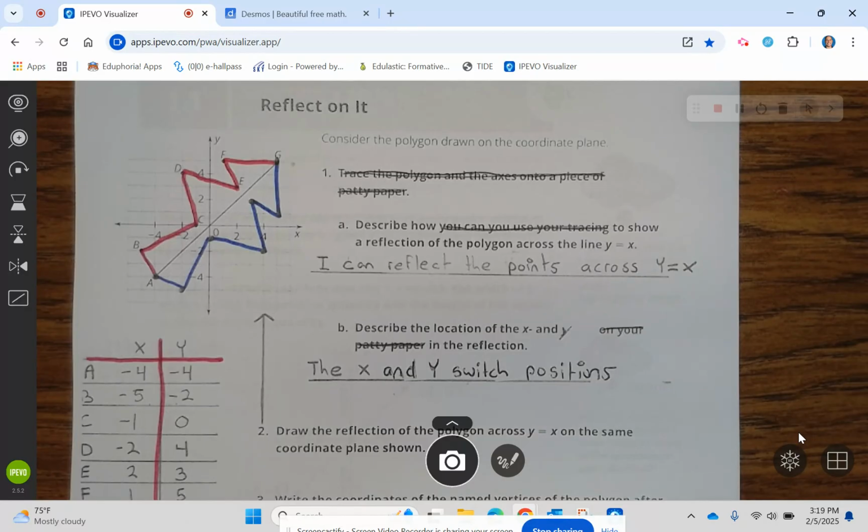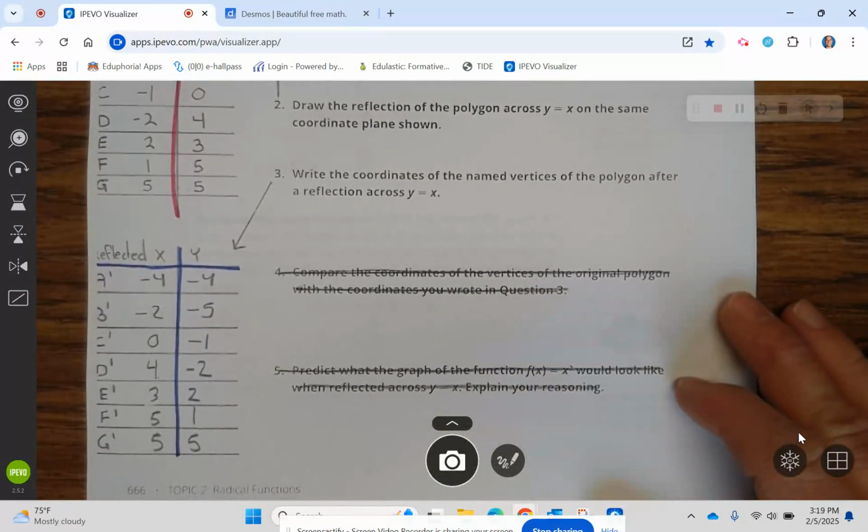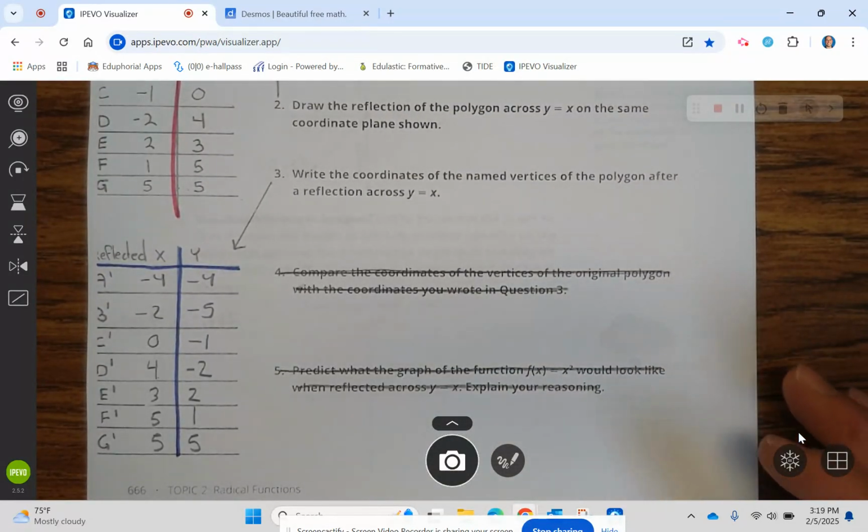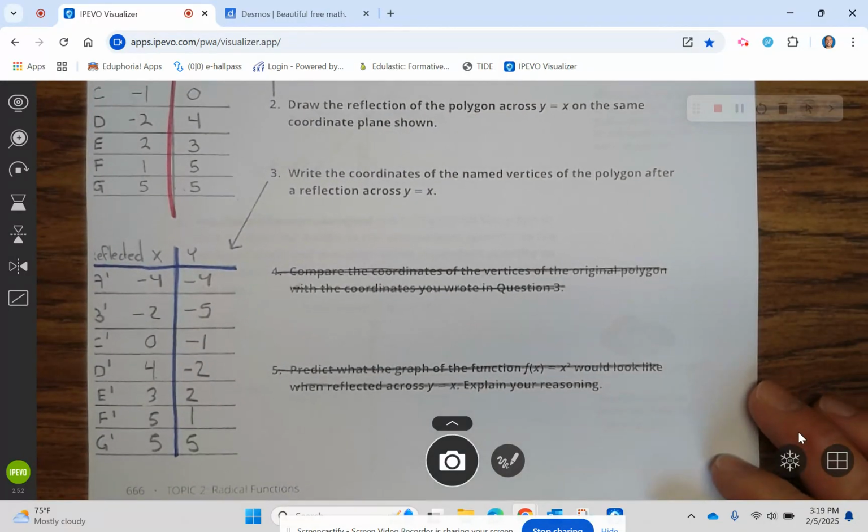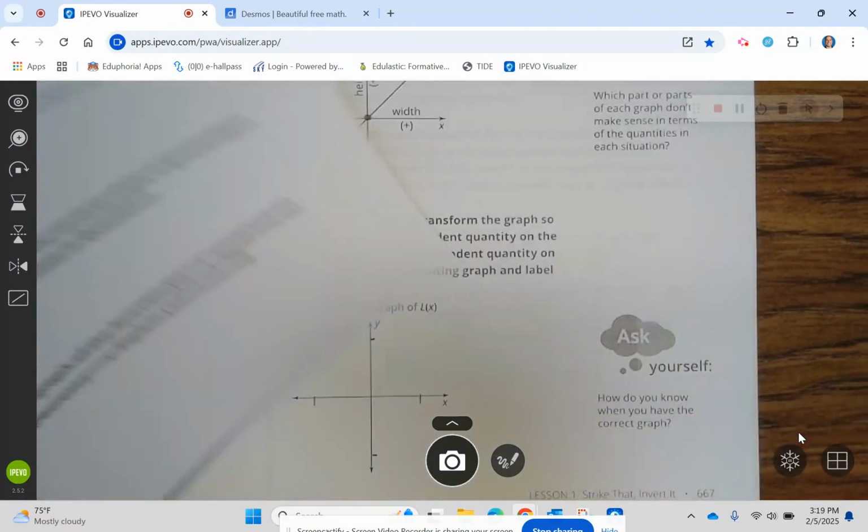All right, go ahead and finish it up. All right. Let's take a look at the next page.